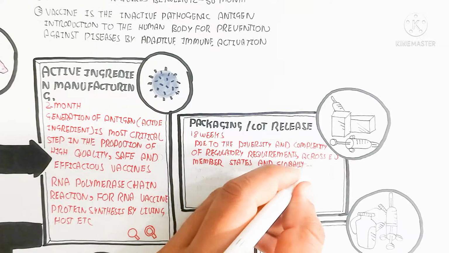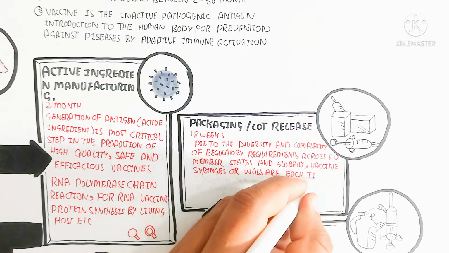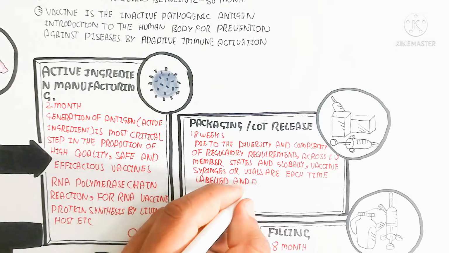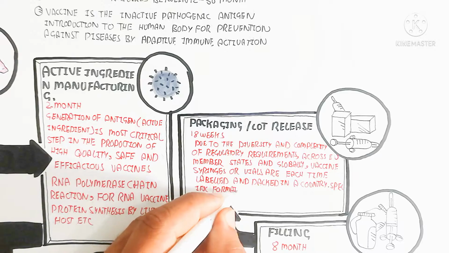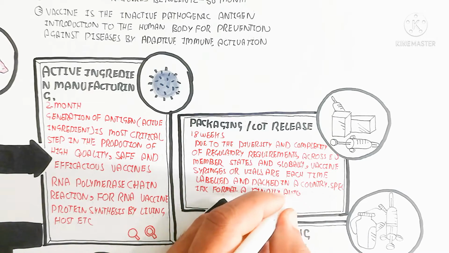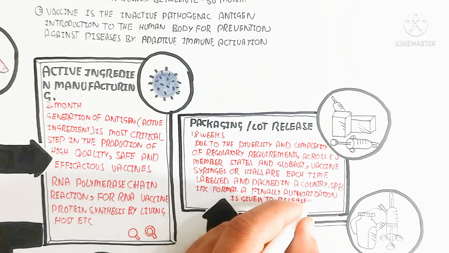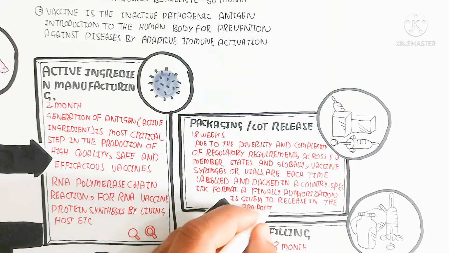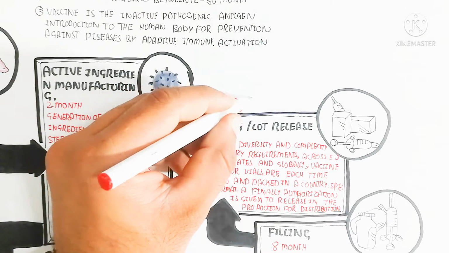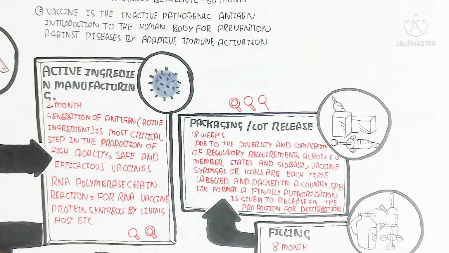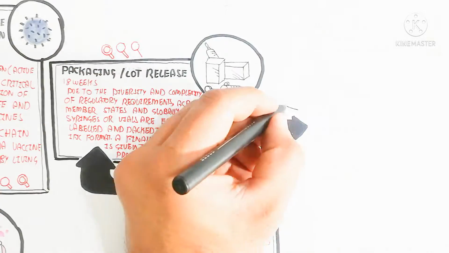Vaccine syringes or vials are labeled and packed in a country-specific format, and finally authorization is given to release the product for distribution throughout the country or worldwide, for example the COVID vaccine. This step involves testing by the exporting country, the importing country, as well as the manufacturer, so the testing step is 3.